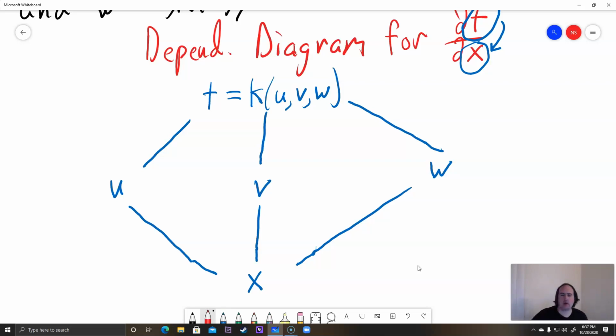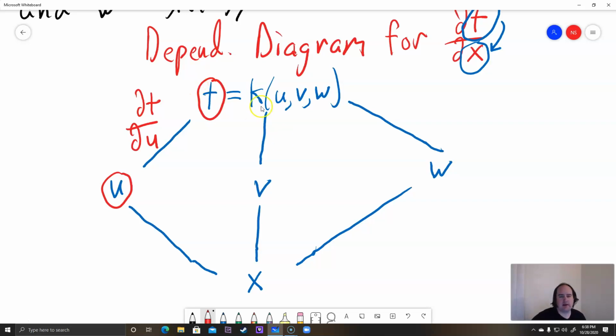Okay? So remember, for each derivative, you start on the top and you go down the branch to get your denominator. So like here, this is going to be partial t partial u, because t's on the top. We start at t and then we end at u. So this branch right here is going to be partial t partial u.